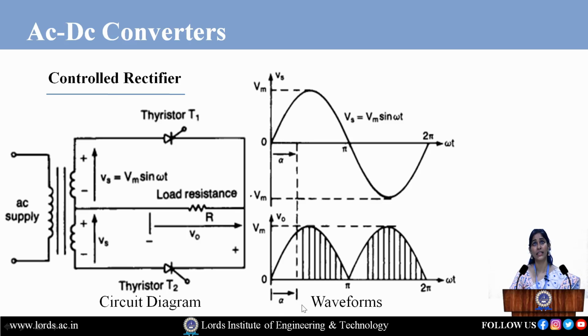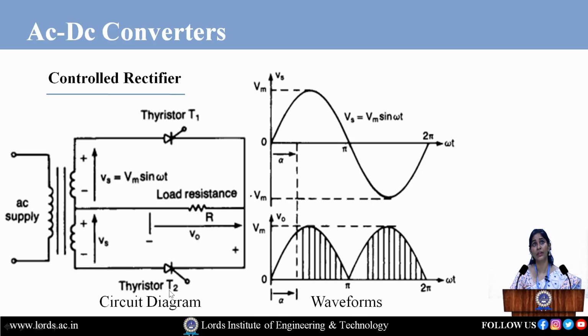Here you can see the alpha I have mentioned, that is the delay time I have taken. From alpha I generate the pulses to the thyristor and it conducts, and this shaded part we get as output. Similarly for the negative half cycle, T2 will start conducting and T1 will get natural commutation because of the zero crossing voltage.